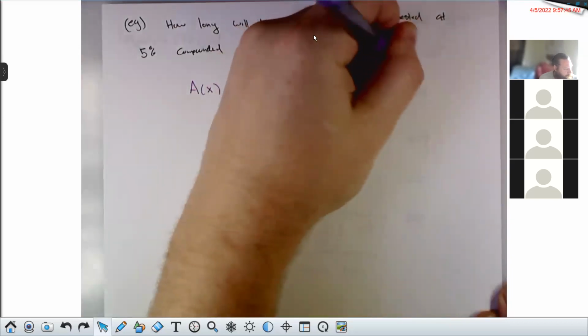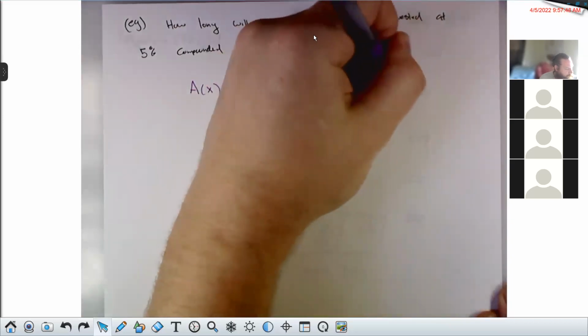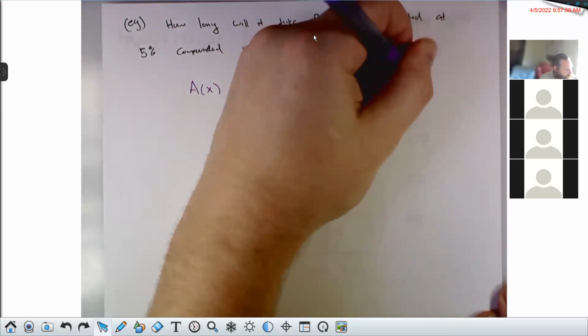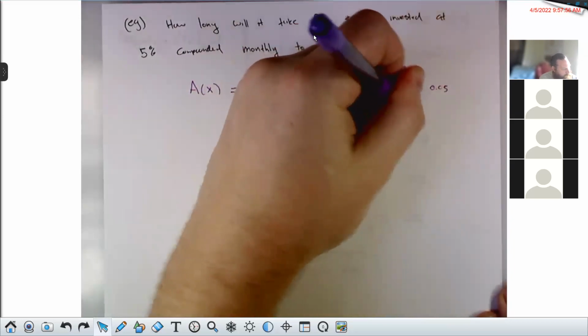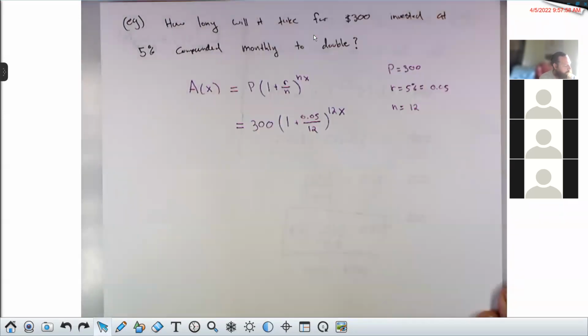P was 300. R is 5% or 0.05. n is 12 because there are 12 months in a year. Okay, this is my function.